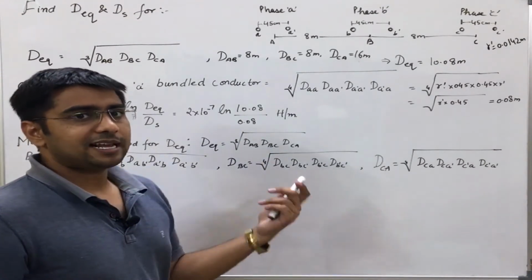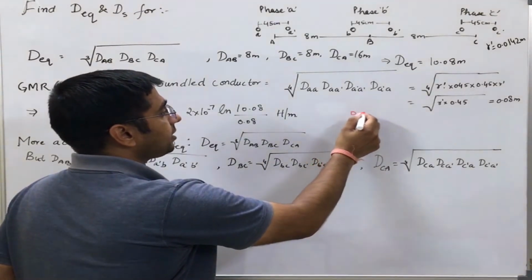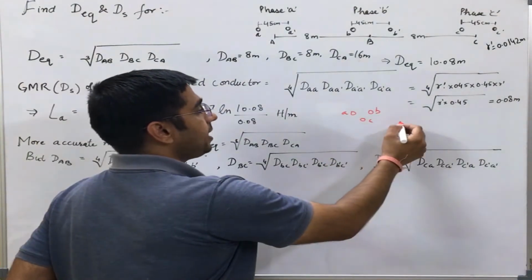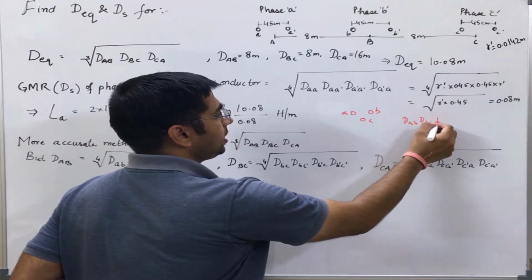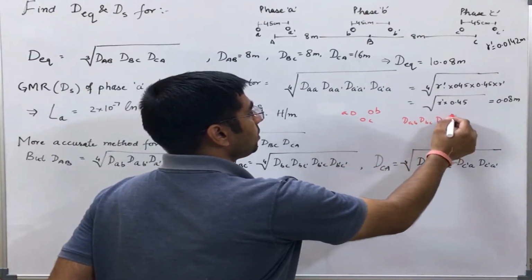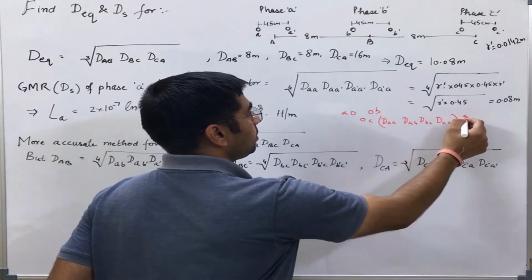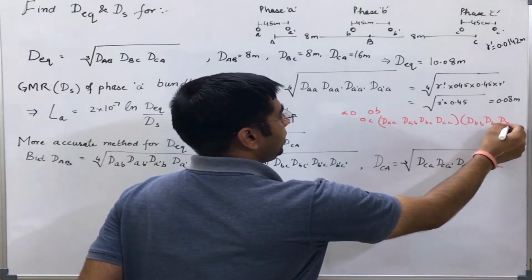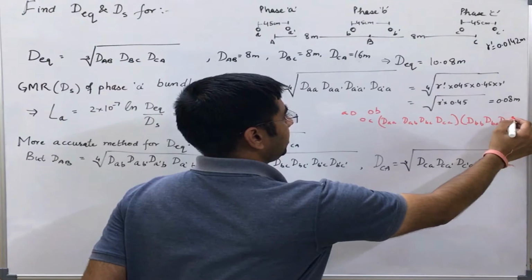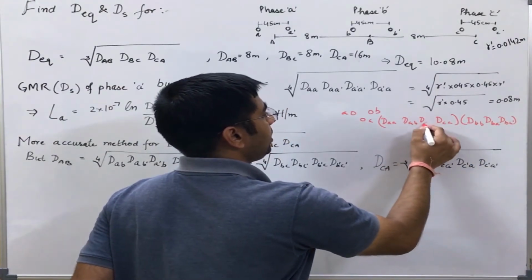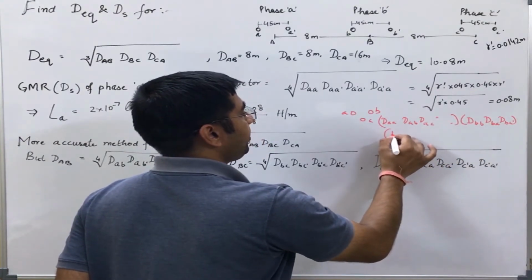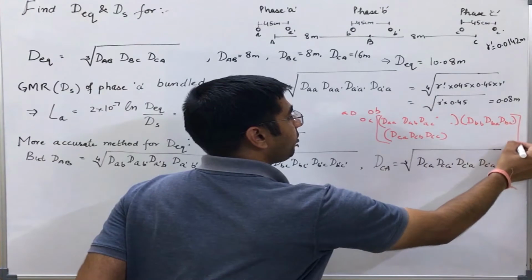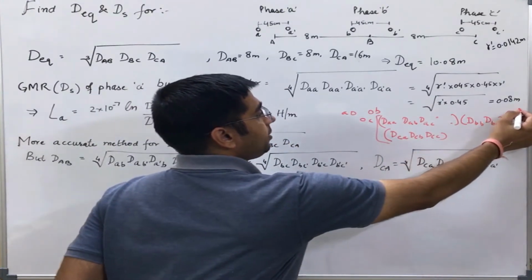I already told it in the previous lecture also, that if we are given, let us say, a conductor having 3 conductors per phase A, B, C, then GMR will be calculated as DAA, DAB, DAC, DBA, DBB, DBC, DCA, DCB, DCC, and the total power will be 3 into 3, that is 1 by 9.